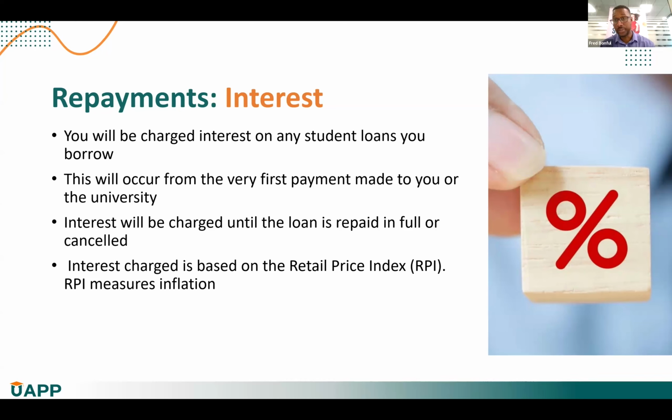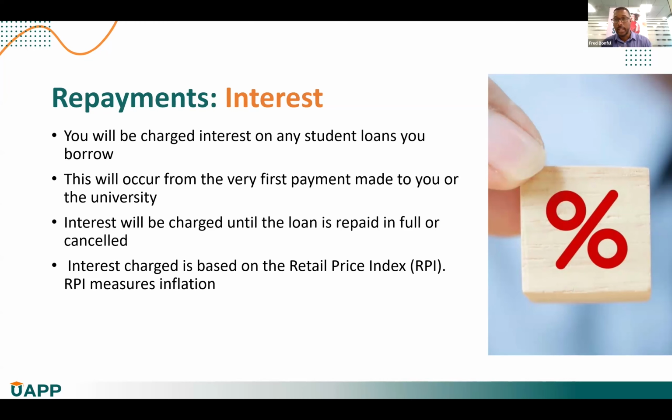So it would be 4% from student finance, and the RPI at the moment, I do believe, is 3%. So at the moment, it will take it up to about 7% altogether. Depending on what the RPI is, obviously the RPI changes all the time, so you can have a look and see what the current RPI is, and then you just add 4% to that, and that would be your interest. So whilst you're studying, that's how the interest is calculated: 4% from Student Finance England, plus whatever the retail price index is.